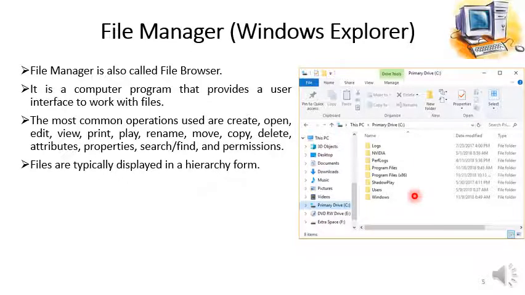Files are typically displayed in a hierarchy form. Hierarchy means they are displayed in a specific sequence. Just like in a computer, at the top of the hierarchy we have My Computer.